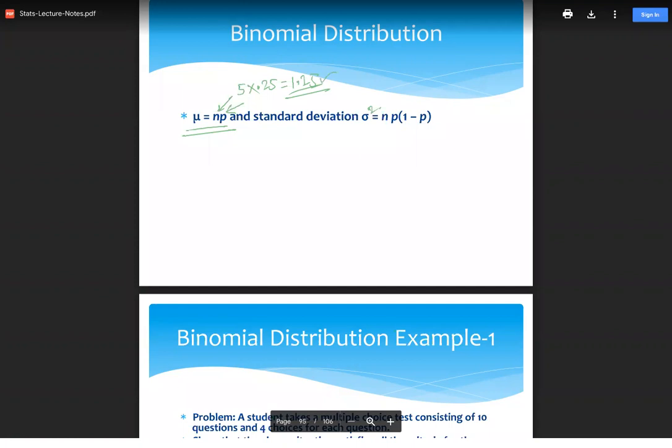What was mu? Remember, mu is the population mean. At the very beginning of the semester, I said mu is the population mean, and x bar is the sample mean.